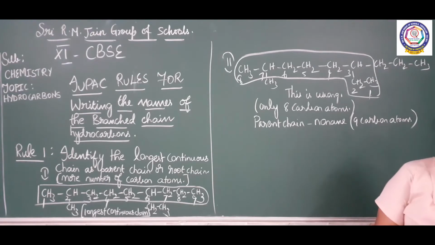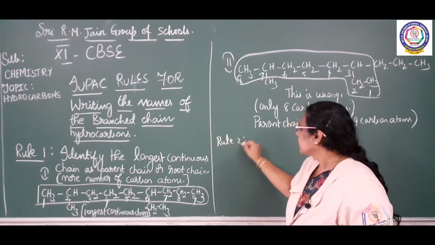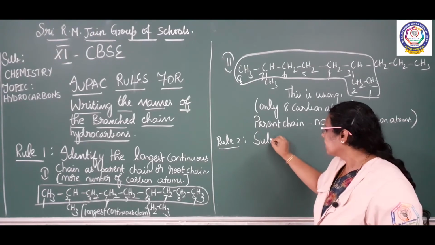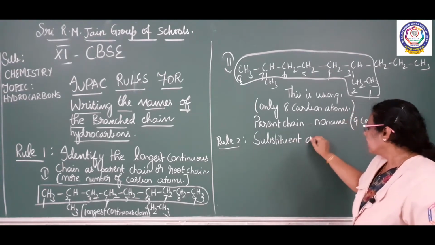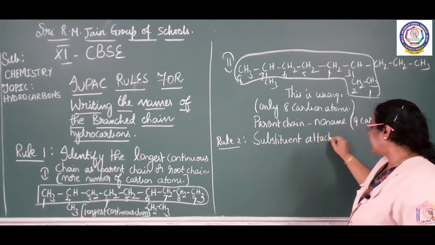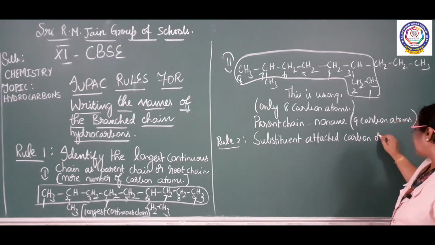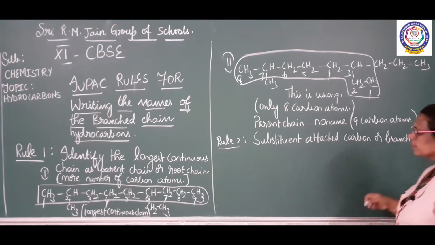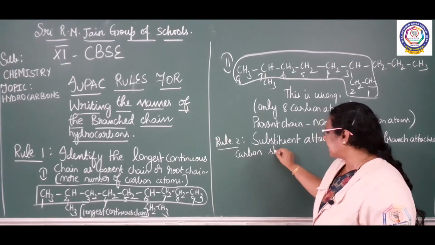This is rule number 1. Next, rule number 2. What is rule 2? Substituent attached carbon, or branch attached carbon, should have the least number.